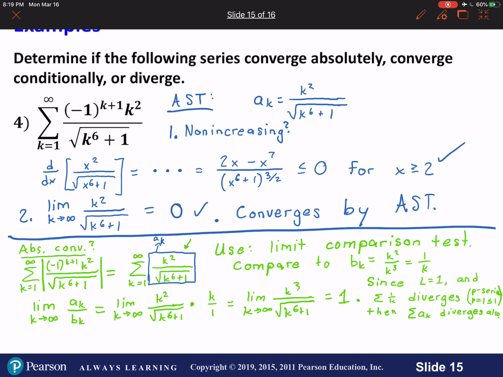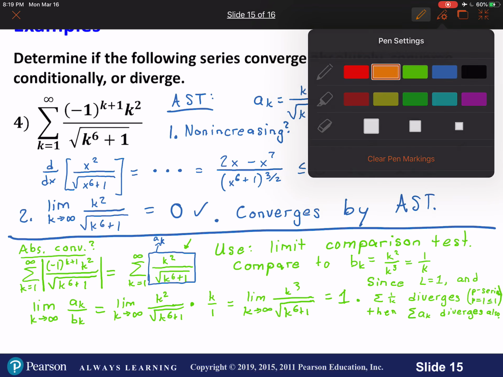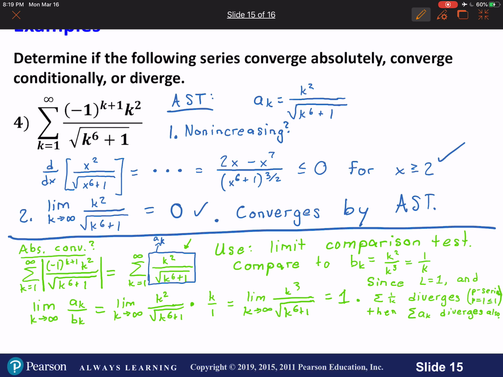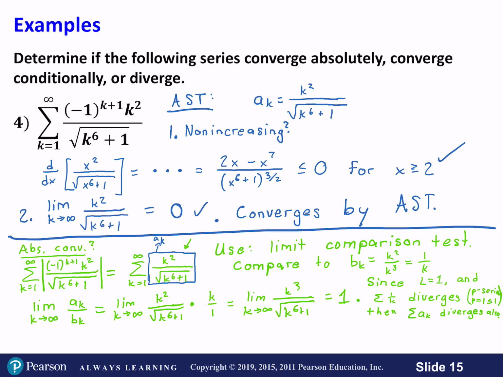Okay, that was a lot to go through. And so now, finally, we get to the point where we can make our conclusion about the original question. The original question was, does the series converge absolutely, converge conditionally, or diverge? And in this case, it converged originally, and then when we took the absolute value, it diverged.